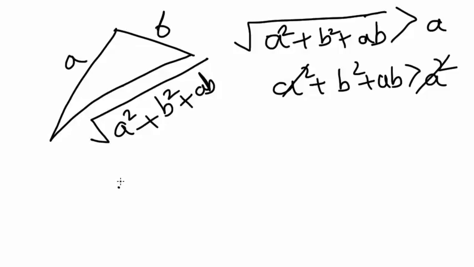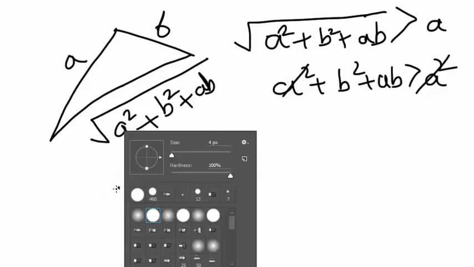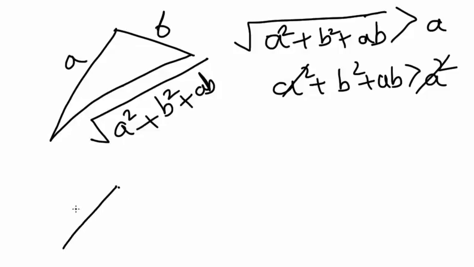So if I just redraw this triangle, this is A and this is the smallest side, let's say C, and this is B. Now obviously, as you can see, since this is not the greatest side, the angle which it subtends, I guess this angle, is not the greatest angle.